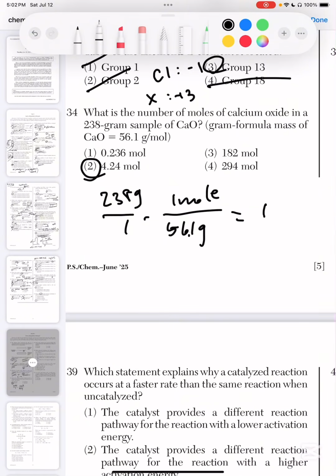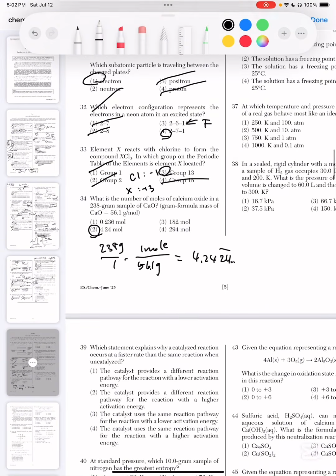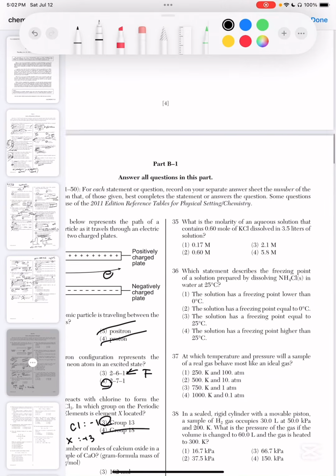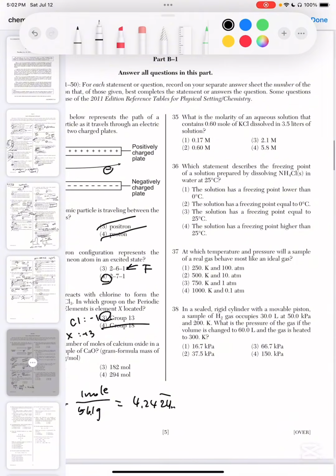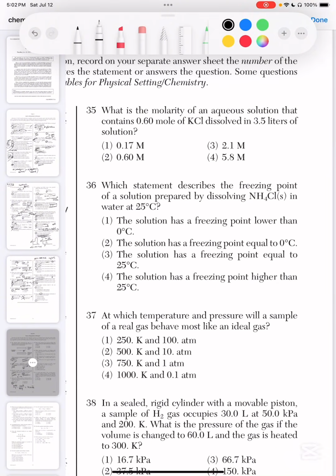I got 4.2424 repeating. So I guess if you round, it's number 2. What is the molarity of an aqueous solution that contains... Okay, so molarity equals moles over liters. This one I got 0.17.